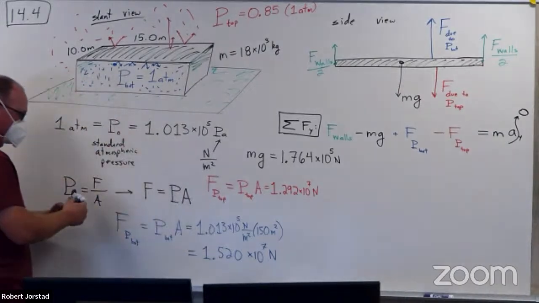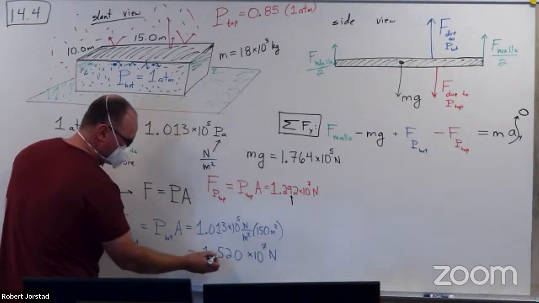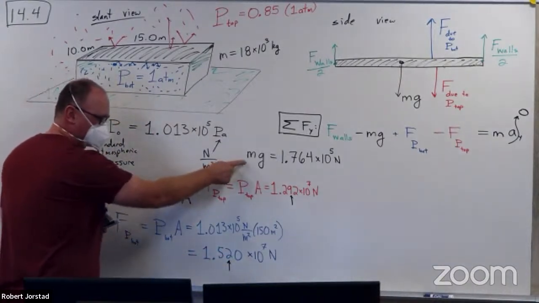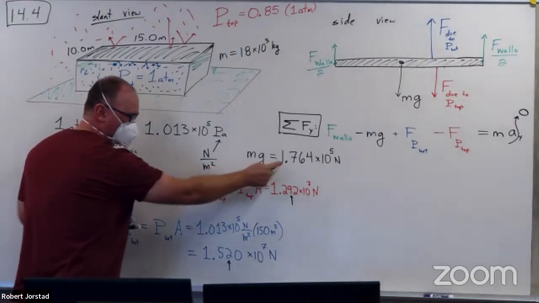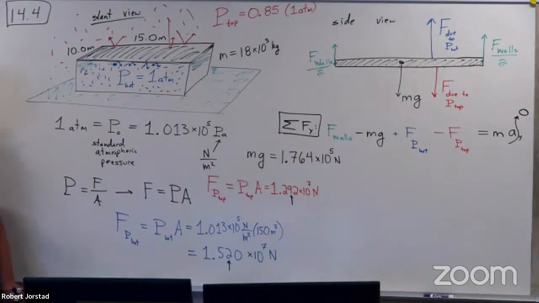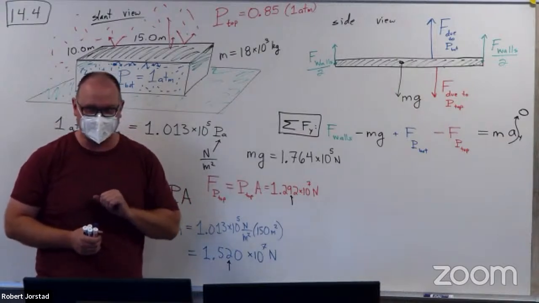That means this digit right here, the weight makes a difference of about 1 in the third digit. Maybe 2 in the third digit. Do you agree the weight of the roof is actually negligible in this case?